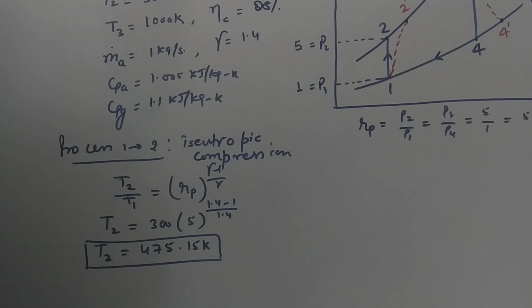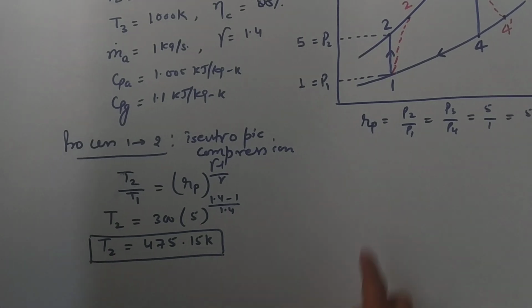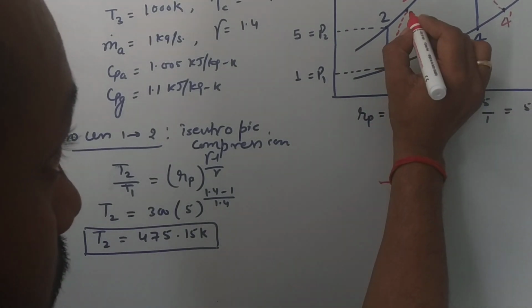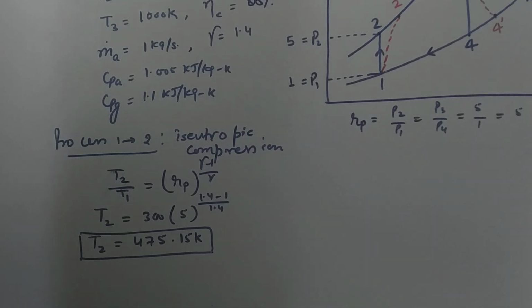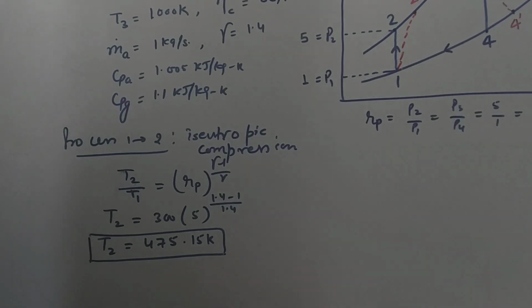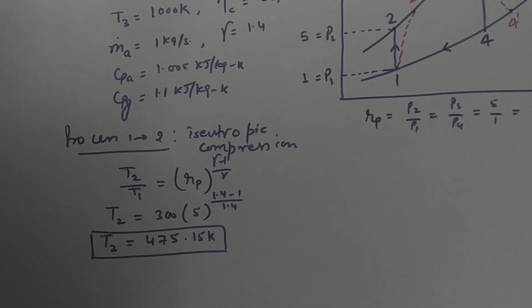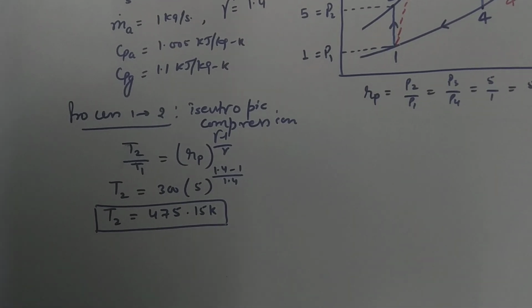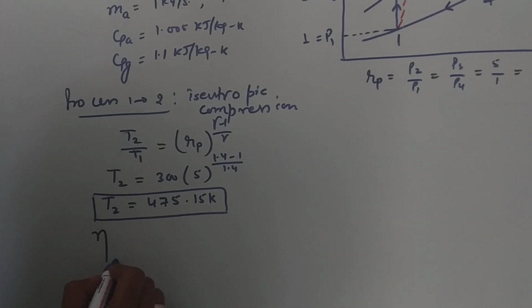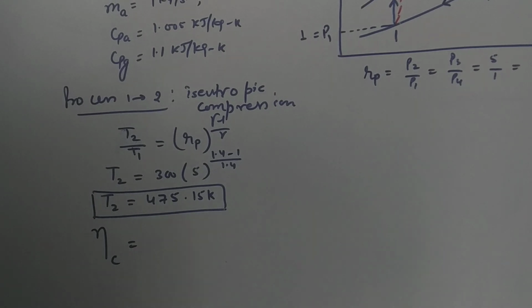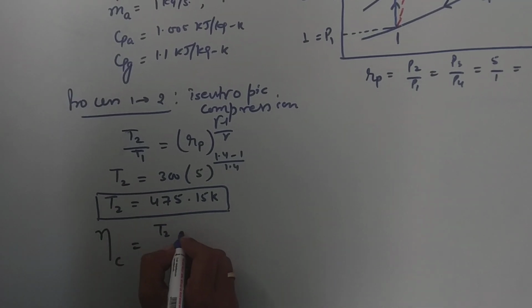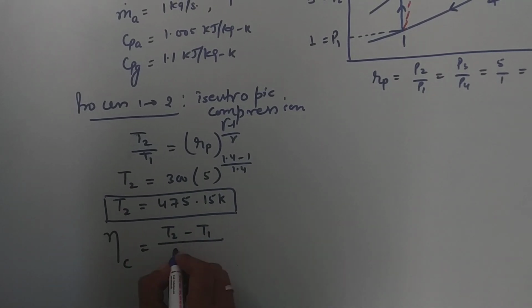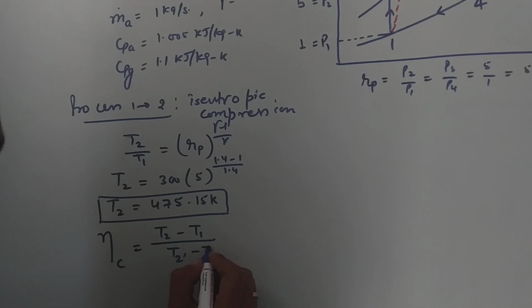Now you have to calculate T2 dash, which is calculated with the help of the compressor efficiency. You can write the compressor efficiency, eta C, as T2 minus T1 divided by T2 dash minus T1.